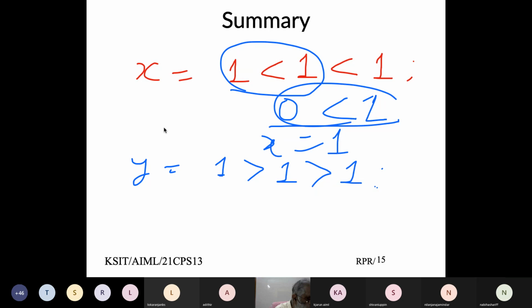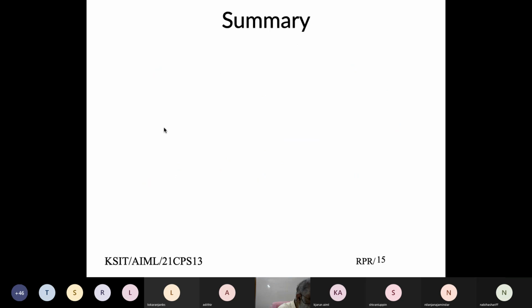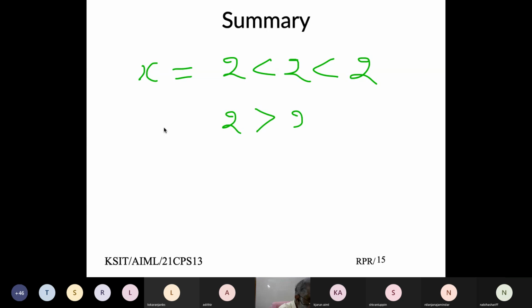Now, let me take a different number: 2 less than 2 less than 2, and 2 greater than 2 greater than 2. What would the answers be?